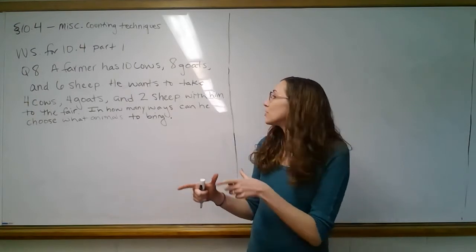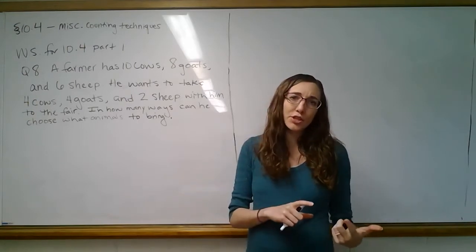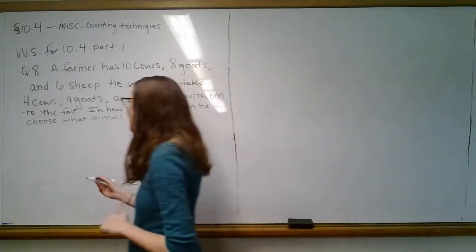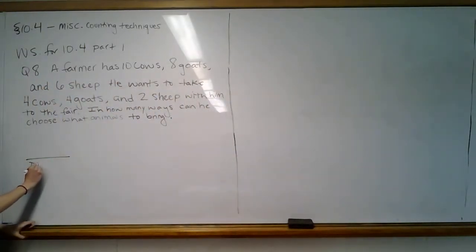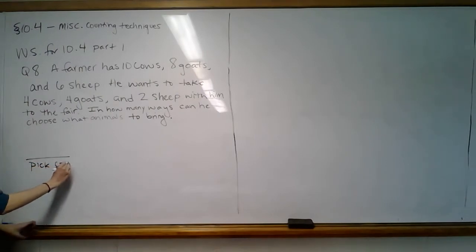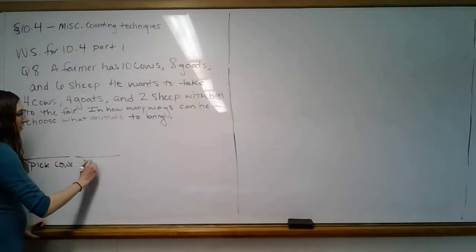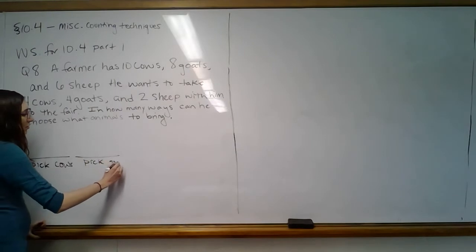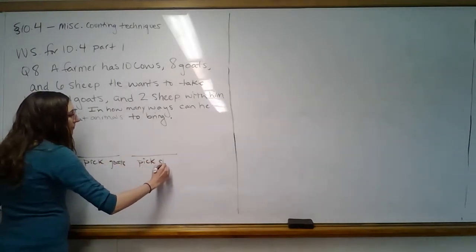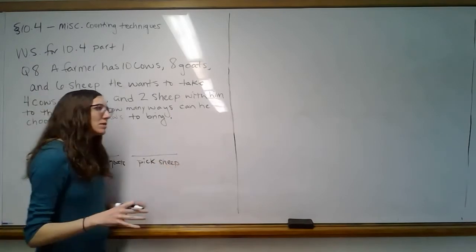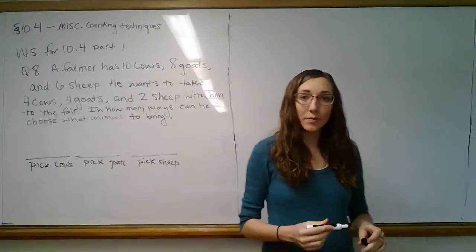So at least those 3 need to be separate. So we would really have: pick cows, pick goats, pick sheep. It's at least a starting point.